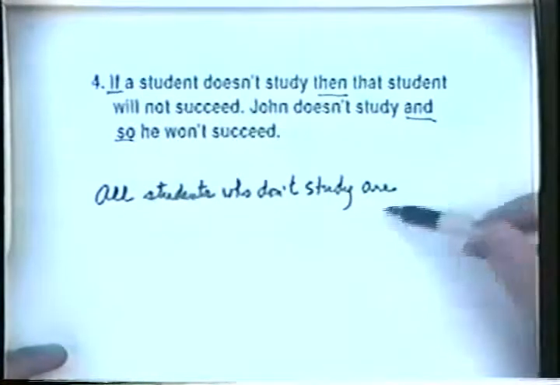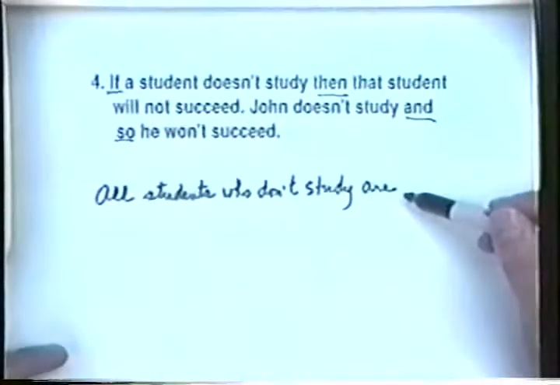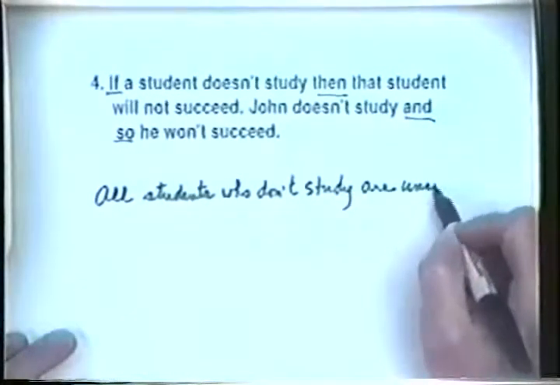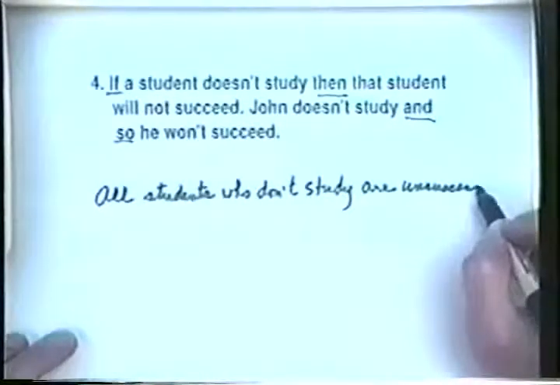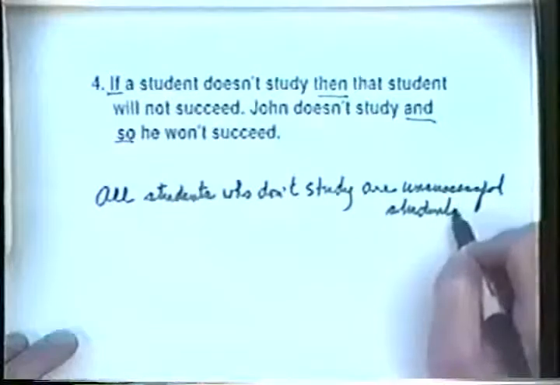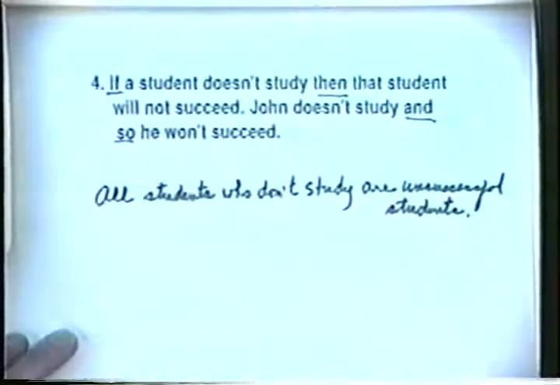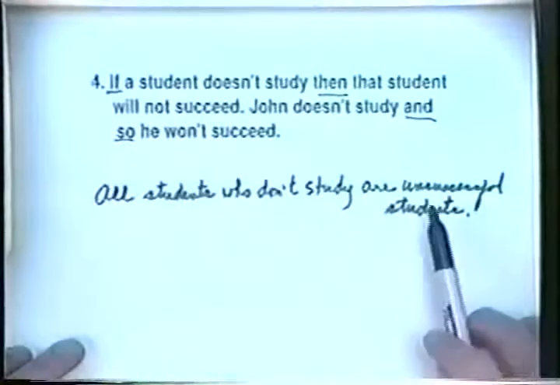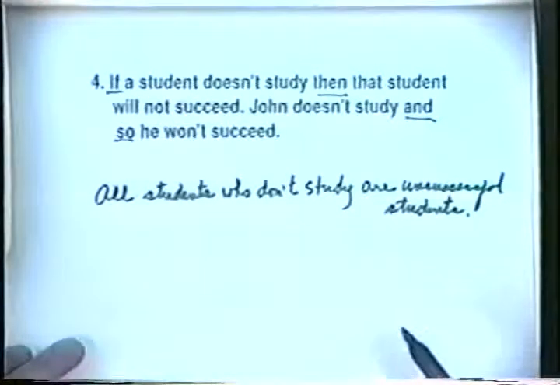So we need to say students who don't study are students who don't succeed, or unsuccessful students. So let's use the shorter unsuccessful students. Now we've got 2 terms, students who don't study and unsuccessful students.